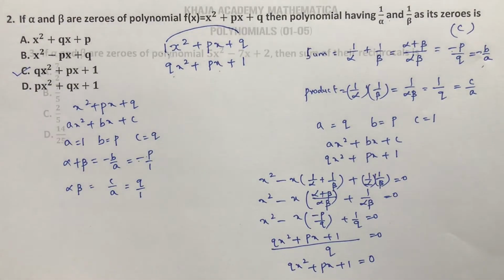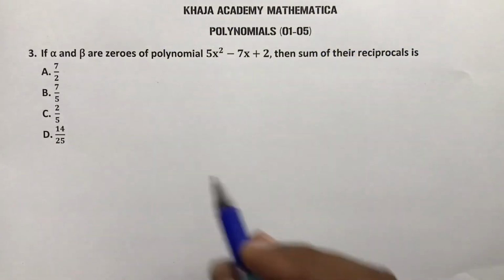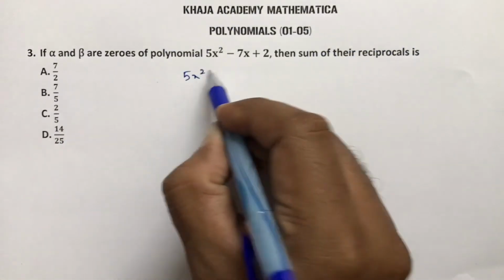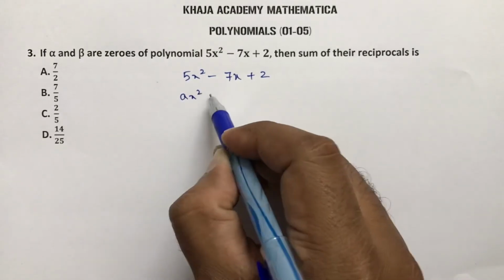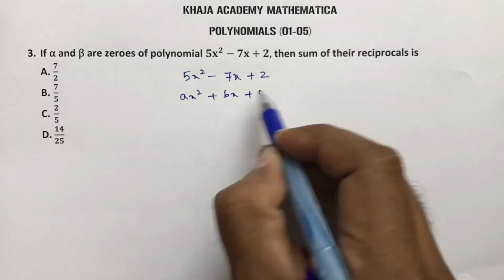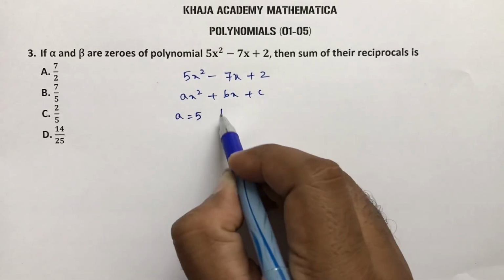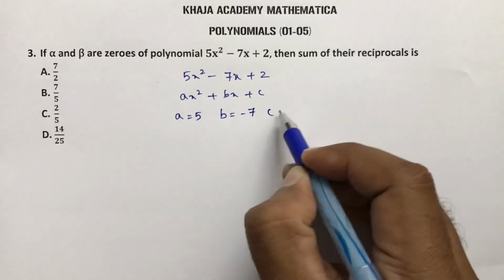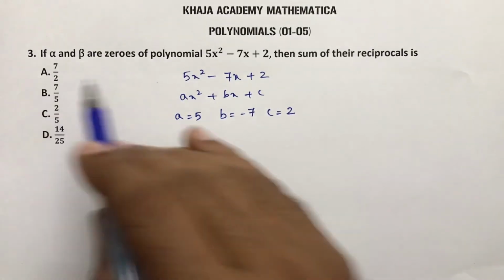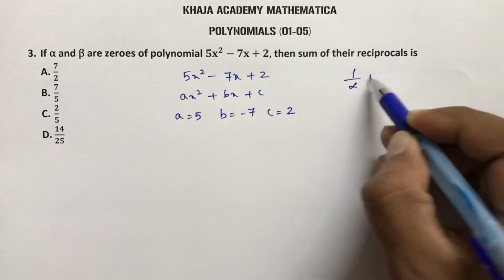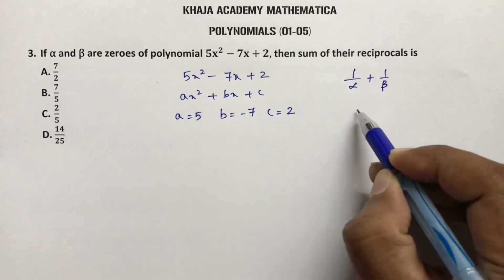Alpha and beta are zeros of polynomial 5x square minus 7x plus 2. If you compare with the standard one, ax square plus bx plus c, the value of a is 5, b is minus 7, c is 2. Find the sum of their reciprocals: 1 by alpha plus 1 by beta.